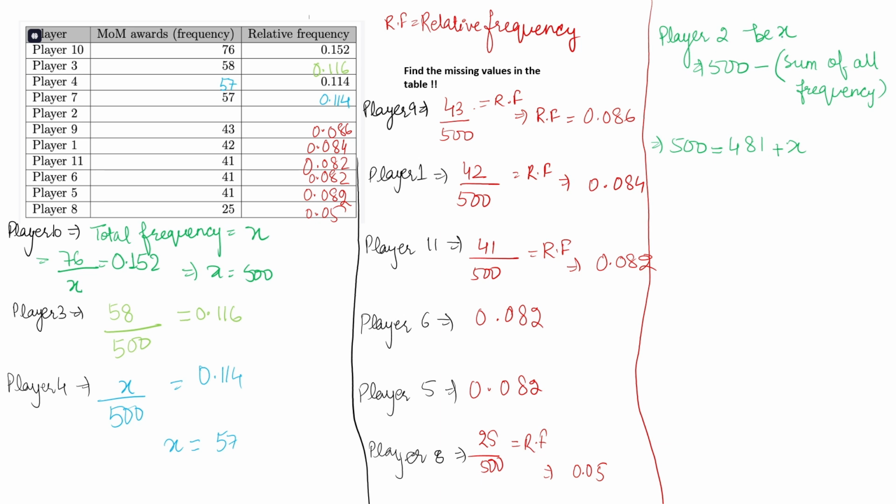So x will be equal to 19. So player 2's frequency is 19. Now if we calculate the relative frequency, RF is equal to 19 by 500, that is 0.038. So this is how you calculate this question.